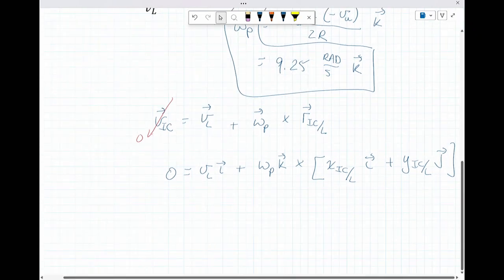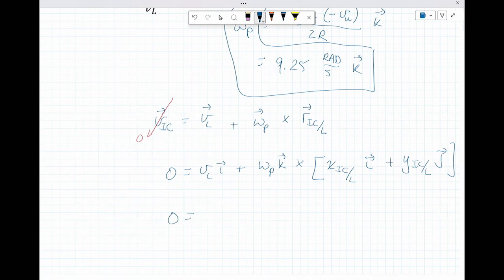But if I do that, I'll end up with two equations. One, which is 0 equals VL minus y IC with respect to L omega p. And another one, which is 0 equals x I c with respect to L omega p.